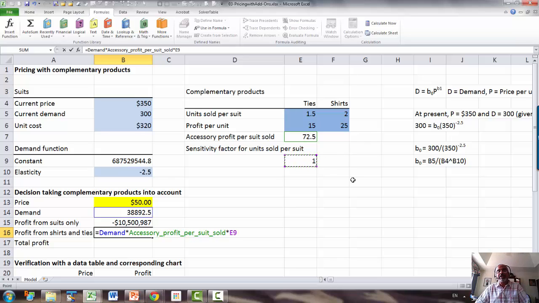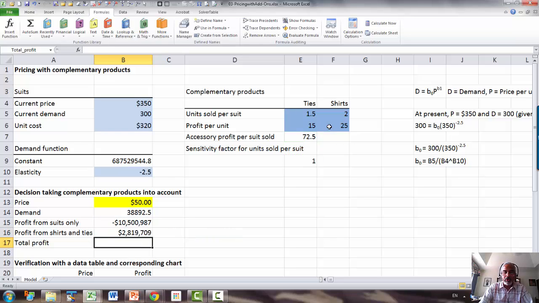And the reason for that is we're going to run a solver table where we will change the number of ties and shirts we will sell per suit. What if it is a little bit more than 1.5 and 2 or a little bit less than 1.5 and 2, and we will increase or decrease both ties and the shirts in the same proportion. So right now it is just 1. Factor is 1, which is 1.5 and 2.